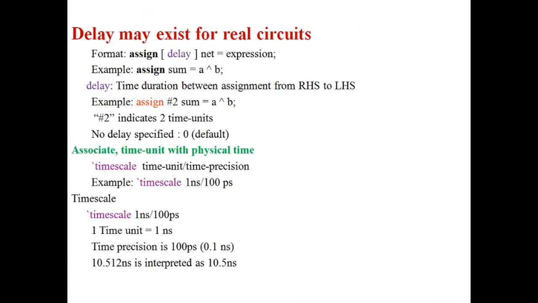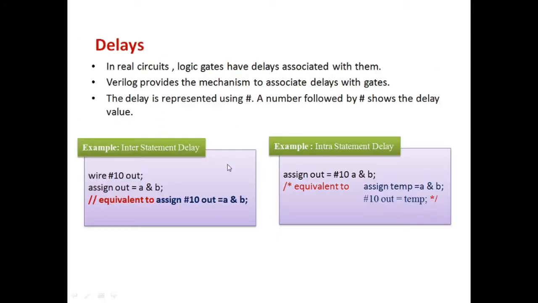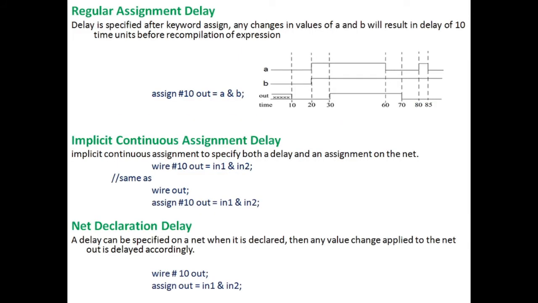Next, what is this implicit continuous assignment delay? As discussed, the implicit continuous assignment and implicit net declaration are without any delays. If a delay is inserted, accordingly we call it an implicit continuous assignment delay, and we call it a net declaration delay.